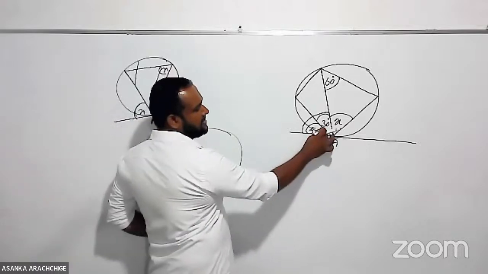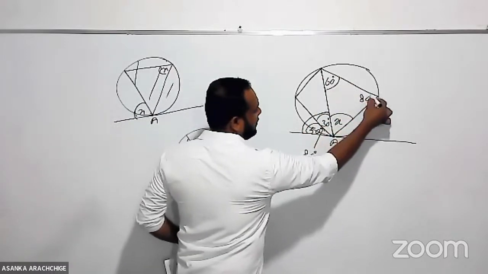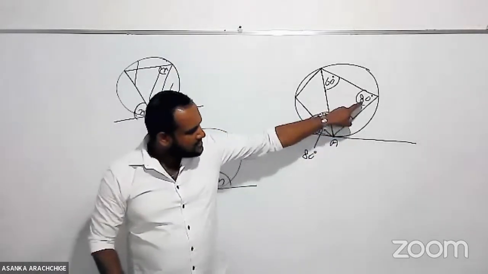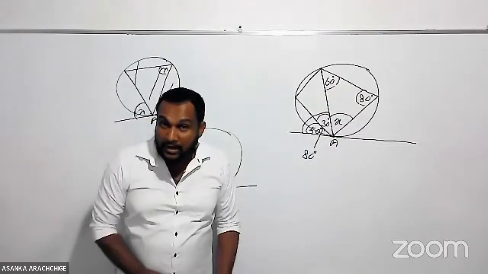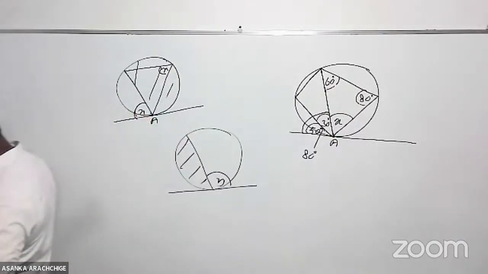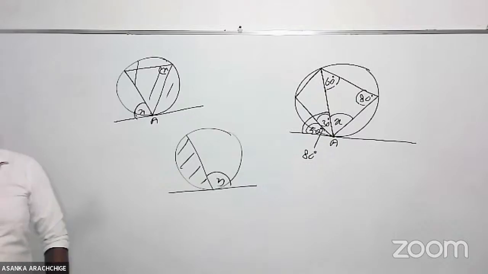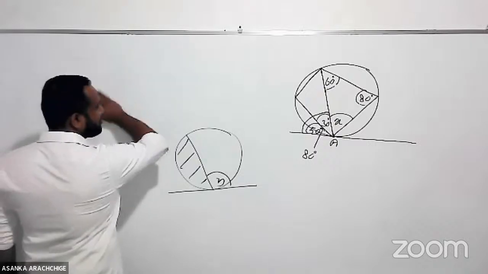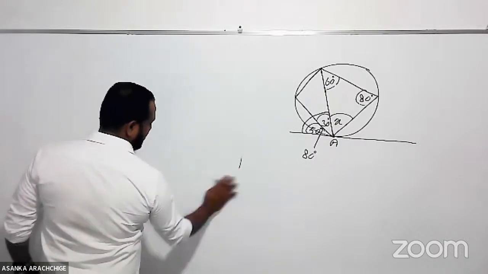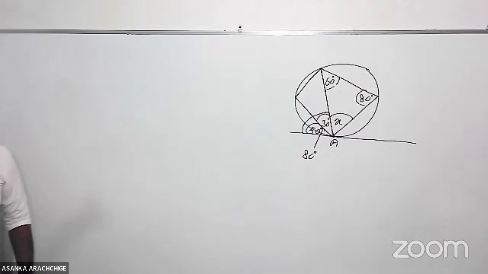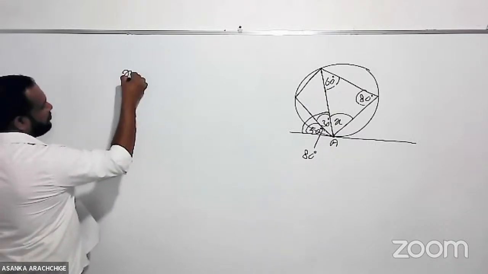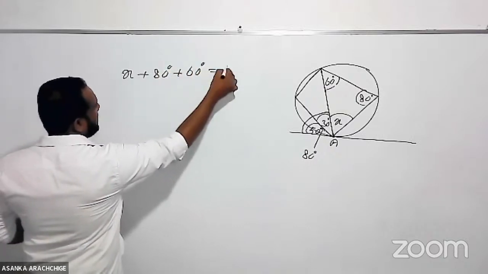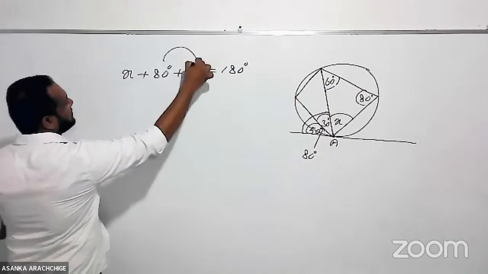So if this is 80, then this angle is also 80. Then x plus 80 plus 60 must be 180.